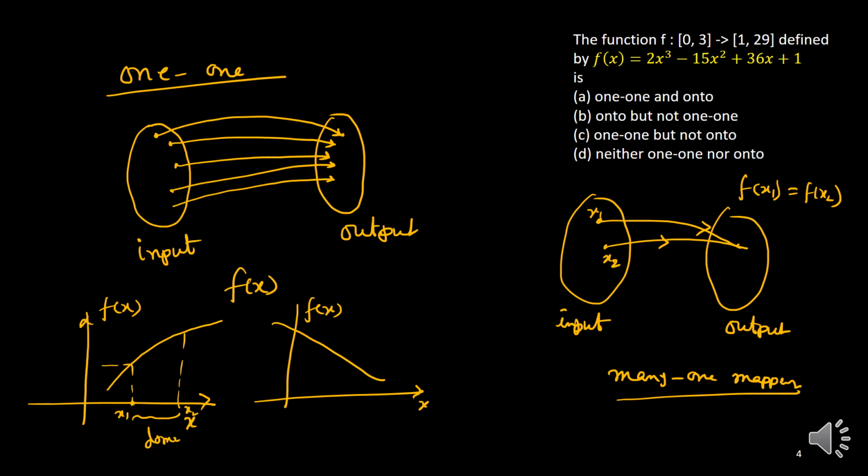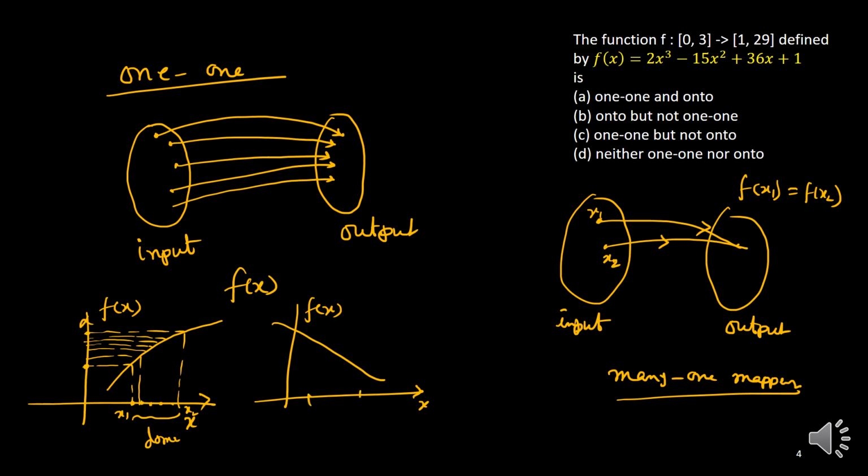For x1, this is the corresponding image, the function value, and this is the corresponding function value. Within this, if I choose any other points, every point will have a separate image because it is continuously increasing. So no two points will give you the same function value f of x. So if the function is monotonically increasing, I will obviously get different function values for different inputs.